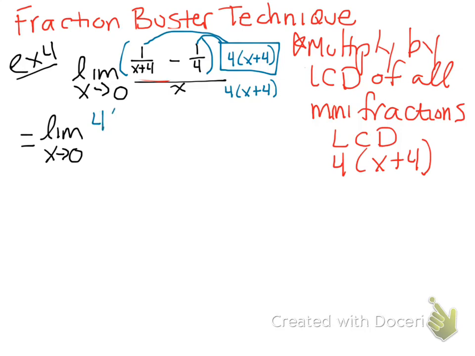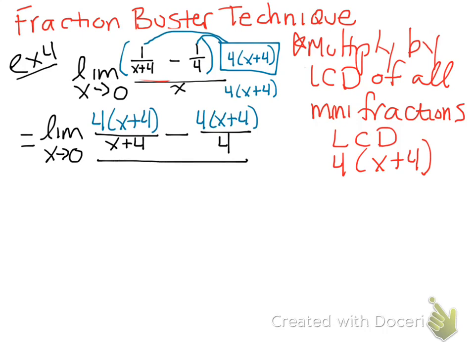So 4 times x plus 4 over x plus 4 for that first fraction minus 4 times x plus 4 all over 4 for the second fraction. And then on the bottom, no fractions. So x times 4, x plus 4.